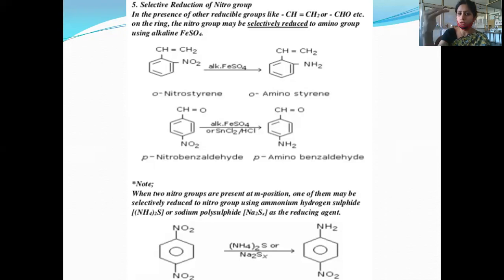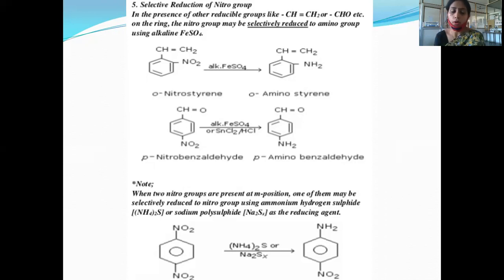So benzene with a CH=CH2 group is styrene. With the nitro derivative, it is called ortho-nitrostyrene, and then it gets converted to ortho-aminostyrene. Similarly, with benzaldehyde, when there is NO2 para to it, that is para-nitrobenzaldehyde, it gets reduced to para-aminobenzaldehyde.